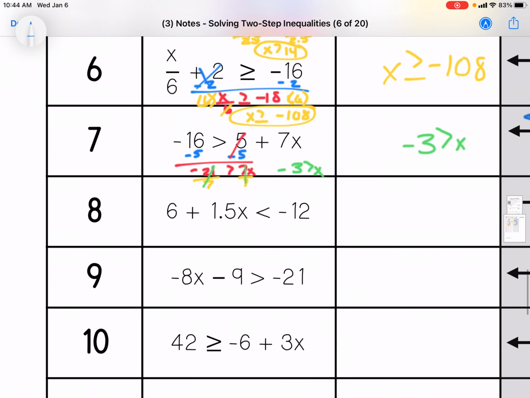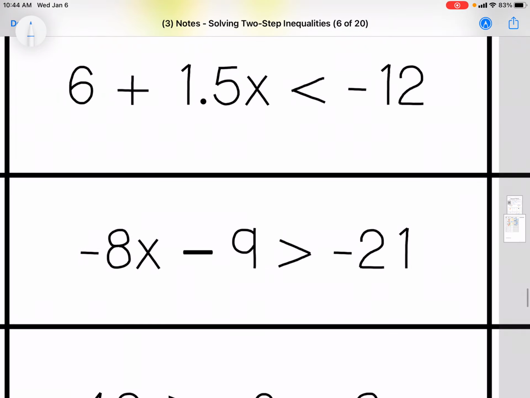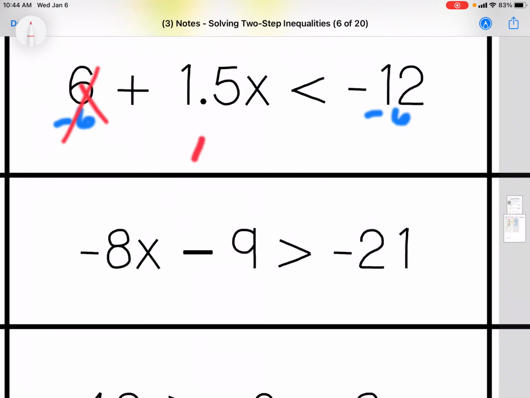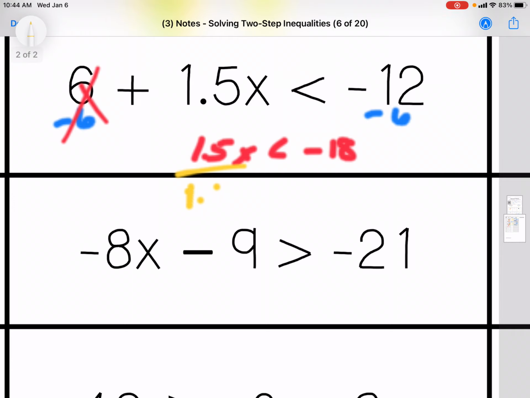All right, number 8. Minus 6. Those go away. I'm left with 1.5x is less than negative 18. Divide by 1.5.